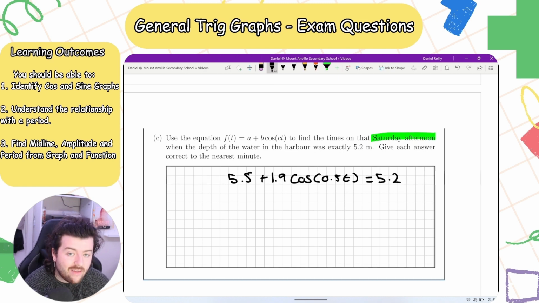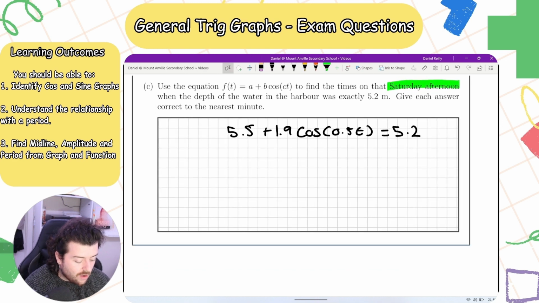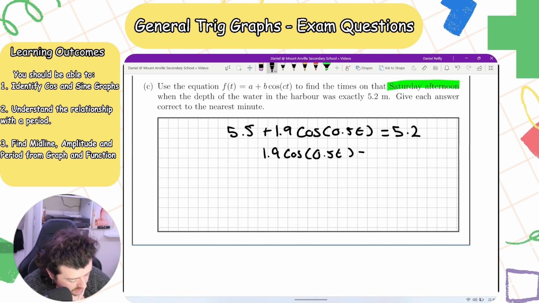So I'm going to be finding a few values here for this graph. So I need to do one of my trig equations. Let me just simplify this all first. I'm going to have 1.9 cosine 0.5t is equal to 5.2 minus 5.5. Oh no, it's not 5.5, my apologies. This is my midline, which is 3.6.